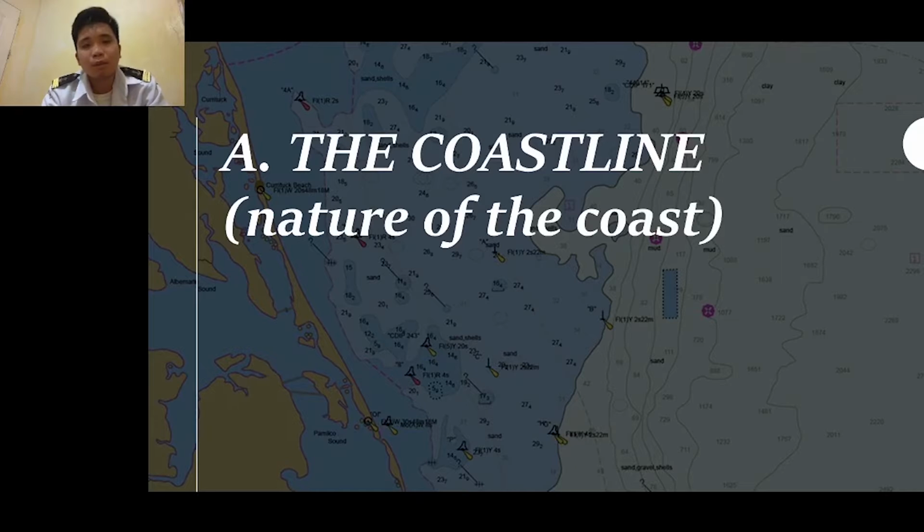So, chart symbols and abbreviations is a detailed guide of all symbols and abbreviations used on nautical charts specified by the IHO, again, the International Hydrographic Organization, where there are international abbreviations and supplementary symbols and national symbols used by the United States and the UK Hydrographic Office. So we shall begin with the coastline, the nature of the coast.